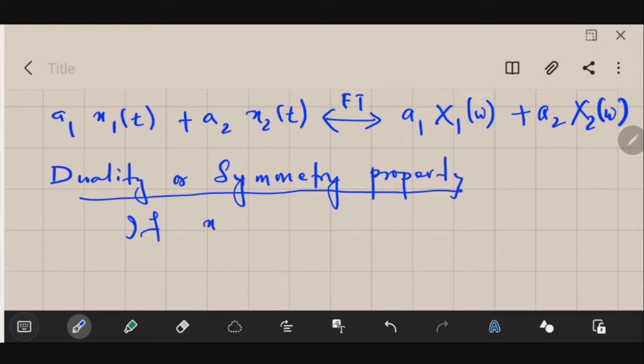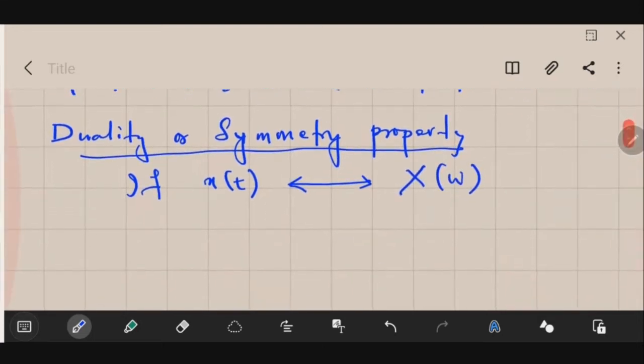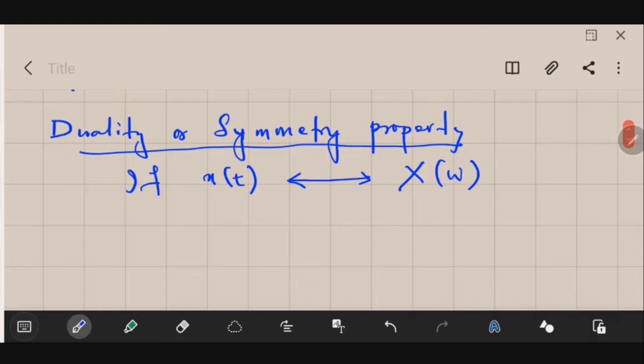If a signal called x of t is there, and after the Fourier transform it is capital X of omega, then by virtue of this duality or symmetry property, if you try to find out the Fourier transform of capital X of t, see, capital X of omega is the Fourier transform of x of t, as you could see.